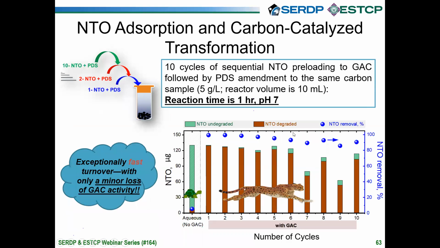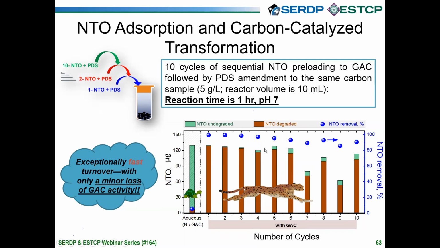We then carried out some preliminary work to evaluate the stability of activated carbon in NTO degradation. Specifically, we added 10 cycles of sequential NTO to GAC, followed by PDS addition. The bar in the shaded area is the control in the absence of GAC, where we see no NTO degradation by PDS.